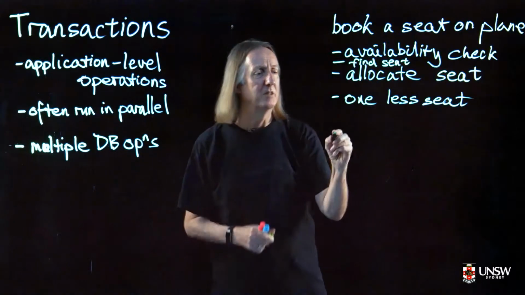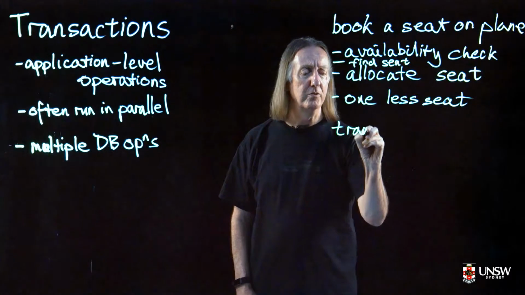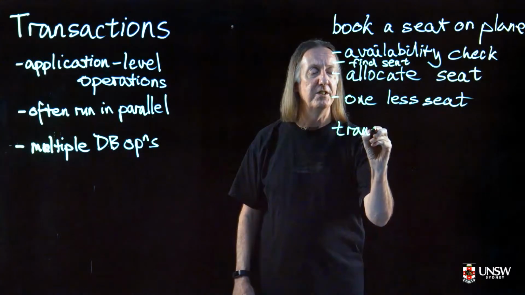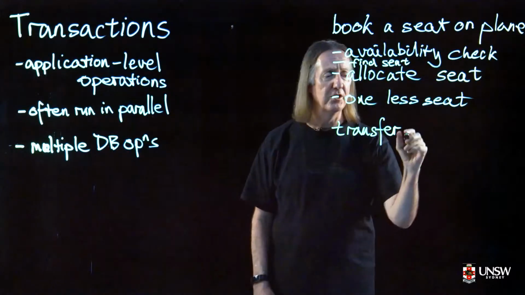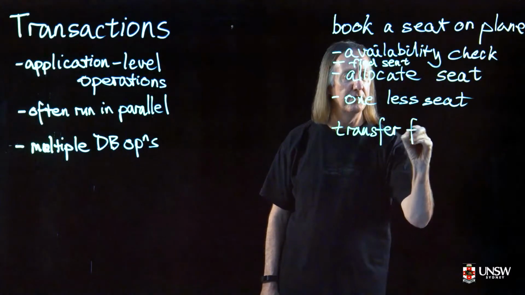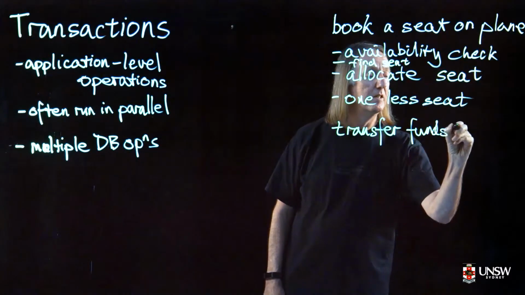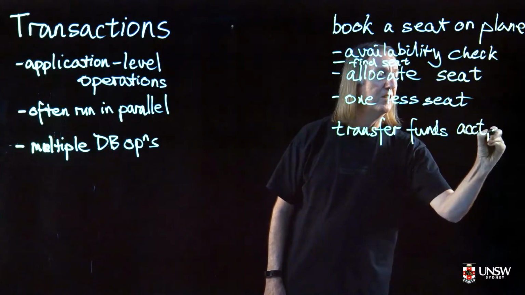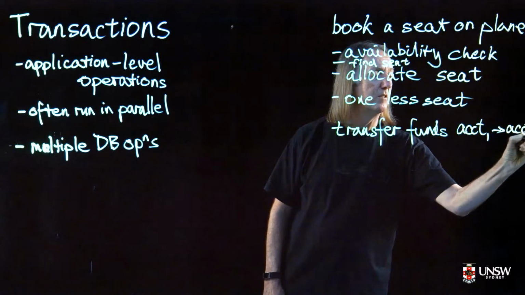Another common kind of operation that involves multiple database operations, but which conceptually is a single application operation, is transferring funds between bank accounts. So from account 1 to account 2.